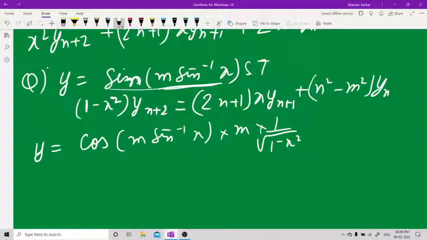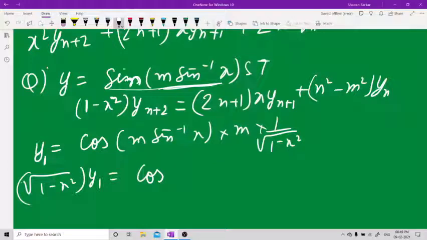As under root 1 minus x square isn't there on the other side, take it to the left, this is y1, cross multiply, and take the square. Now see, this is under root 1 minus x square y1 equal to cos(m sin inverse x) into m.